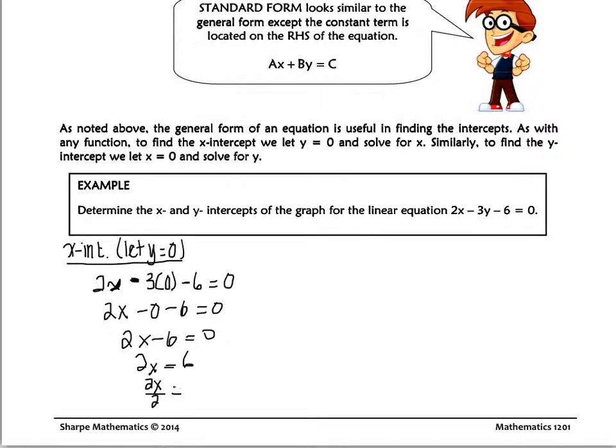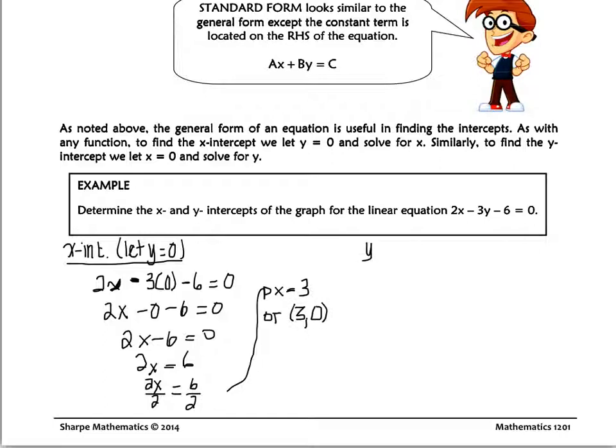Then you divide both sides by 2 and you get x equals 3 is the x-intercept. Or, as an ordered pair, it would be (3, 0).